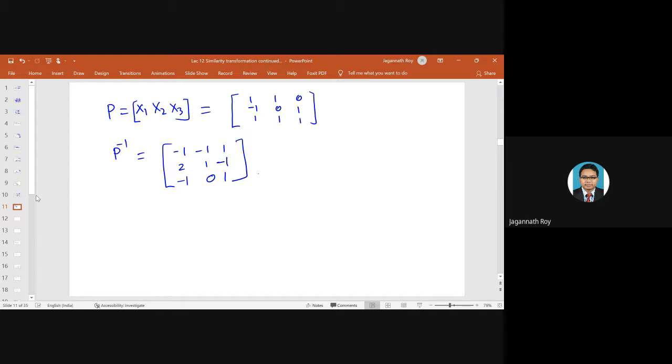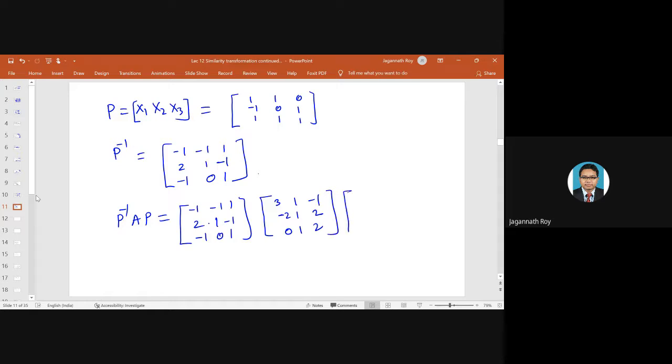Now we try to calculate P inverse A P. You just verify: P inverse is minus 1 1 2, 1 minus 1 minus 1, minus 1 0 1. The A matrix is given as 3 1 minus 1, minus 2 1 2, 0 1 2, and then you write down the P matrix.